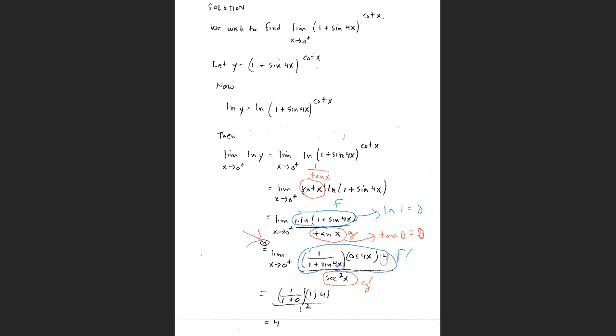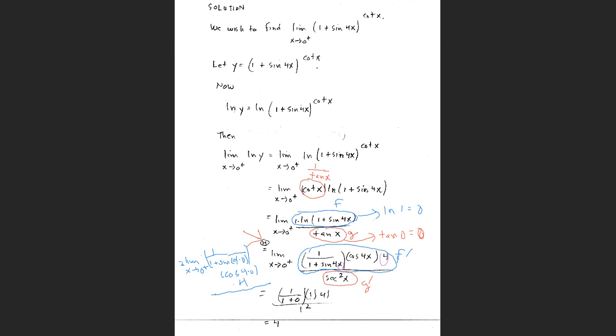If I were to put in an additional step, this would equal the limit as x approaches 0 from the right of 1 over 1 plus the sine of 4 times 0, times the cosine of 4 times 0, times 4.